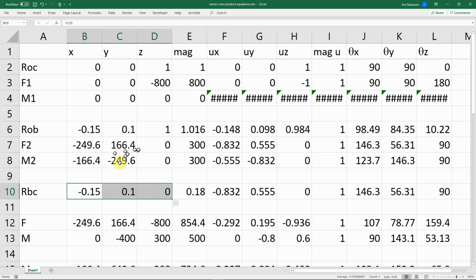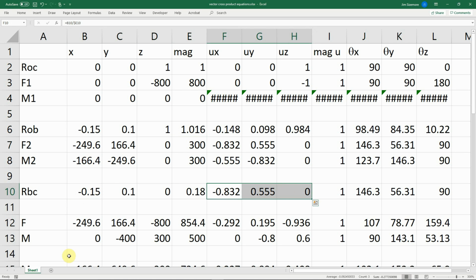I needed the direction of F2, which would give me the three components of the unit vector. Let's take a look at the formula for F2. It's the magnitude times the first component, the magnitude times the second component, and of course the magnitude times the third component.